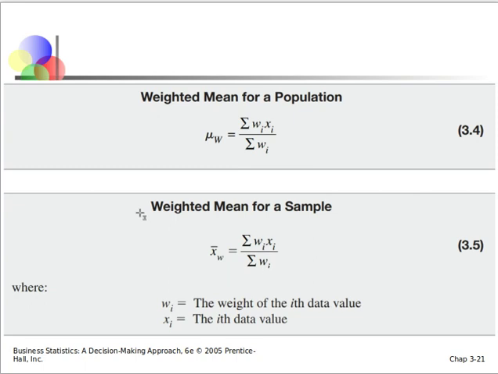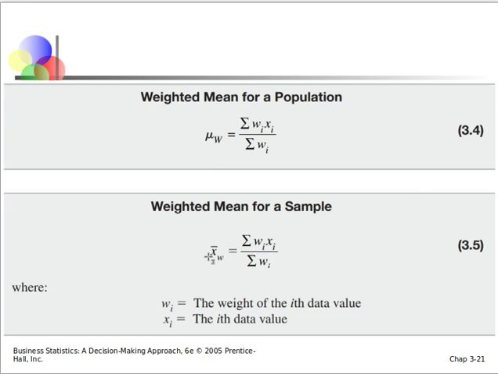Now the formula for weighted mean for sample is very similar, actually. The only difference is the symbol. For population, the symbol is the Greek letter mu.